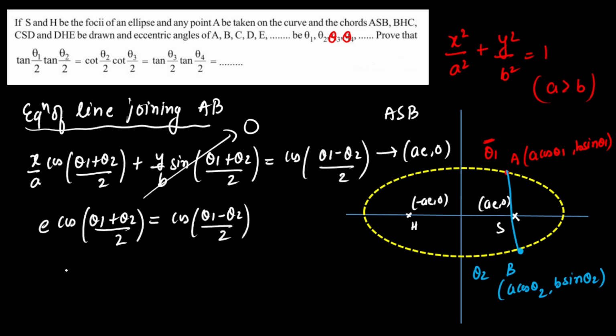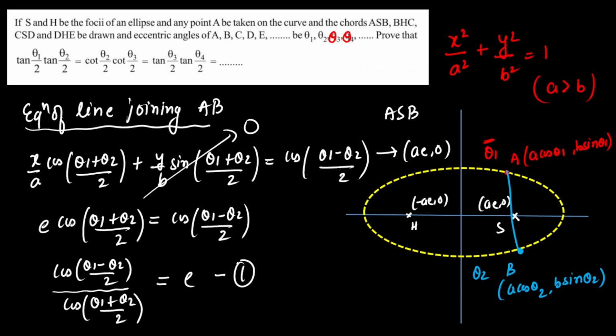From here I can write cos of (theta 1 minus theta 2) divided by 2, divided by cos of (theta 1 plus theta 2) divided by 2, is equal to e. Let's say this is our first equation.